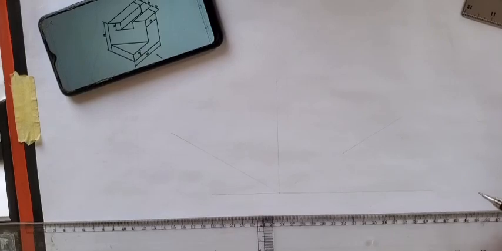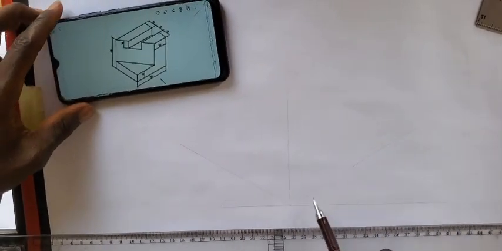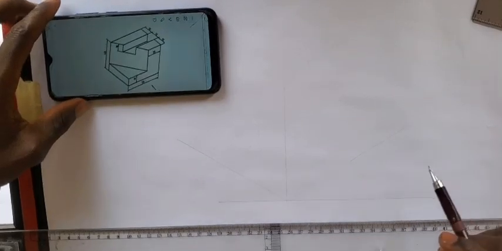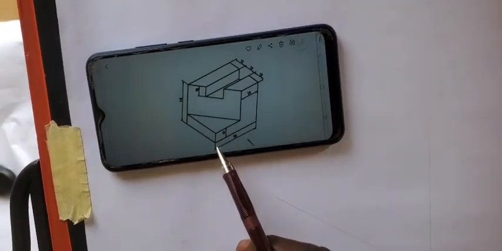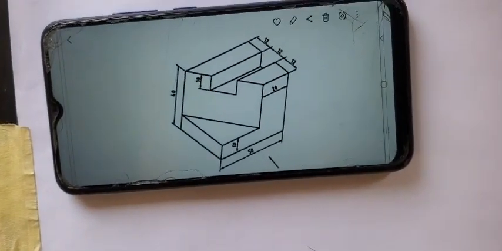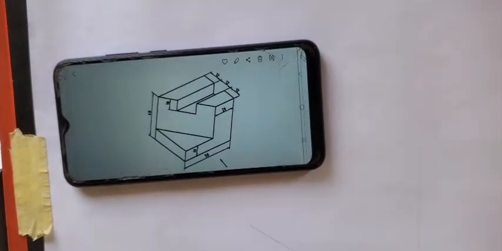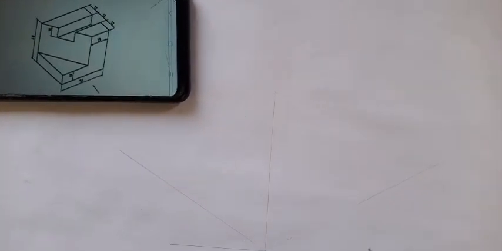So any drawing we are going to construct is going to be in the form of this angle and on these lines. All right, so in the drawing here we have the length of this side to be 50. Now I want to draw this drawing in 2:1. Because it's 2:1, that means we want to enlarge it.